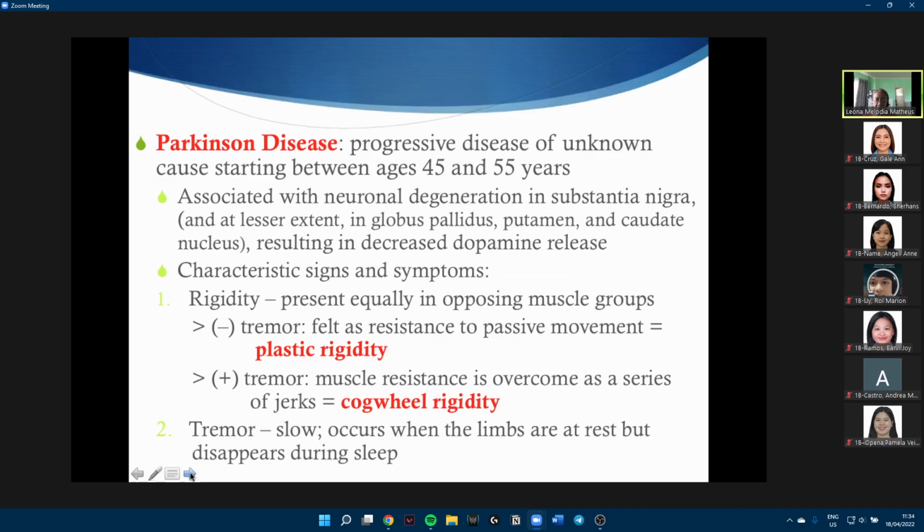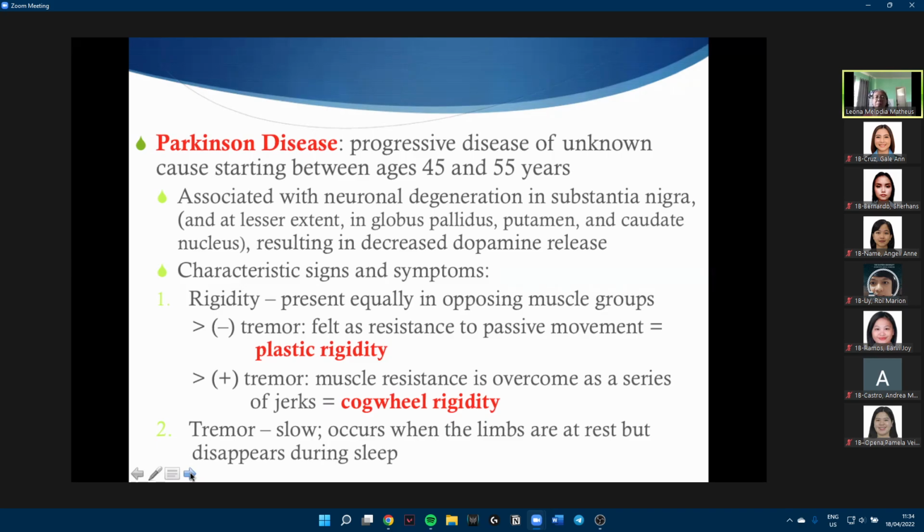So this one is also a progressive disease of unknown cause, usually starting at 45 to 55 years of age. It's usually associated with neuronal degeneration in your substantia nigra, or sometimes to a lesser extent of your basal nuclei, no?